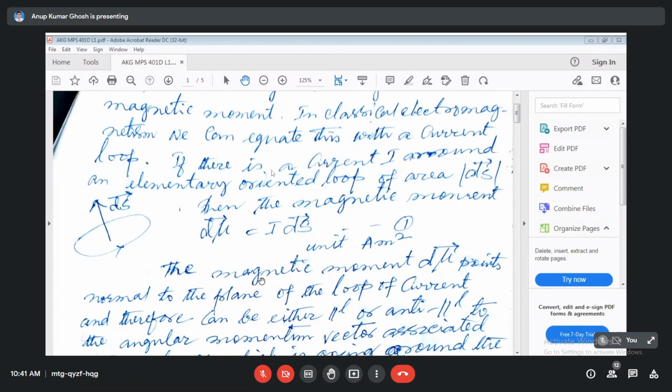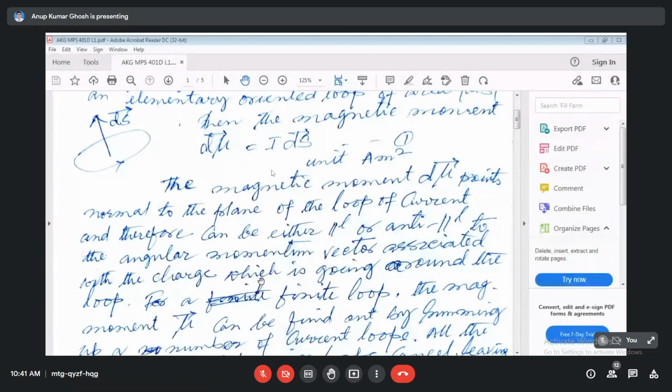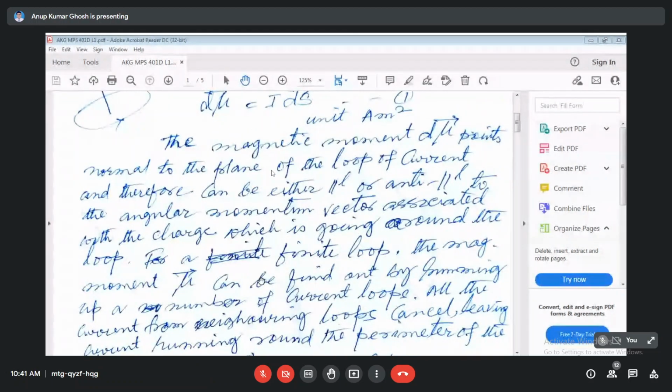Now the unit of this magnetic moment will be ampere into meter square. Ampere is the current and meter square is the area. The magnetic moment d mu points normal to the plane of the loop of the current.